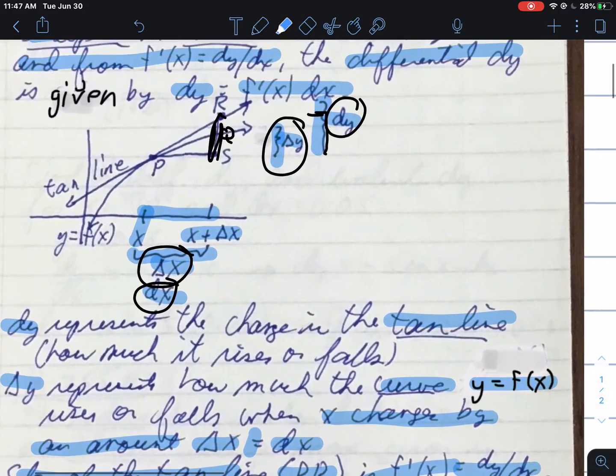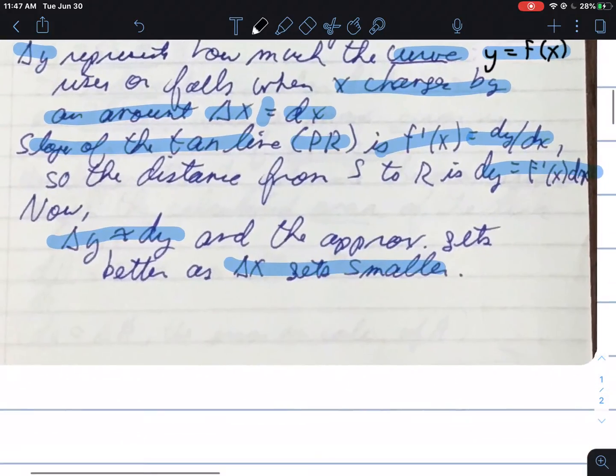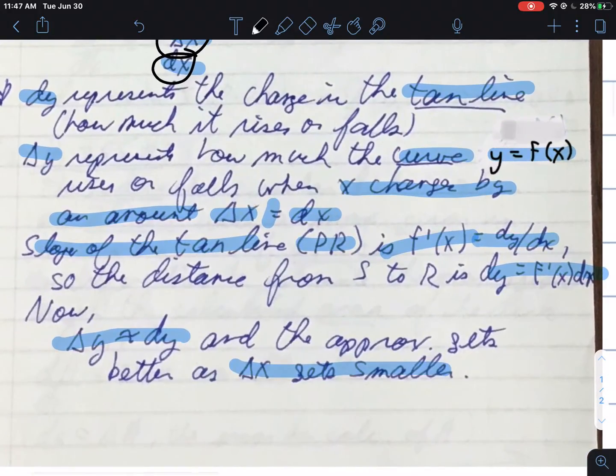So back when we were doing all that secant line stuff and we were looking at the slope of the secant line, we said the slope of the secant line gets closer and closer to the slope of the tan line the closer these 2 points are to each other on the curve. So that's the same idea. The approximation dy for delta y is a better and better approximation as delta x gets smaller, right? So if we shrink delta x, then dy is a better approximation of delta y.